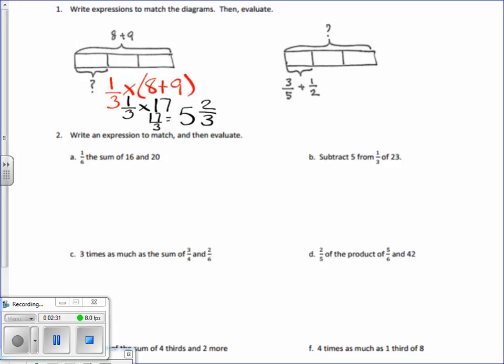What can we do to figure out what the total is? I do have to work backwards. So if I have that one piece is 3/5 plus 1/2, how can we figure out what the whole thing is?